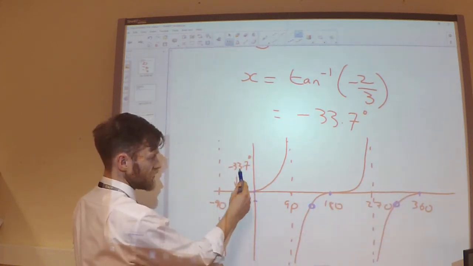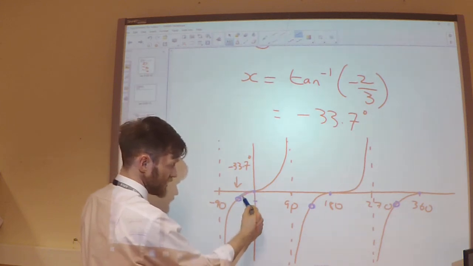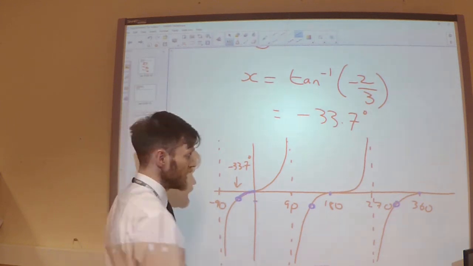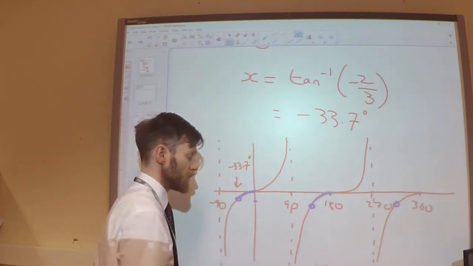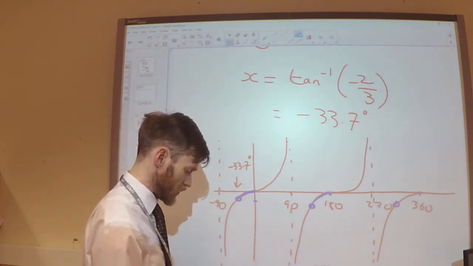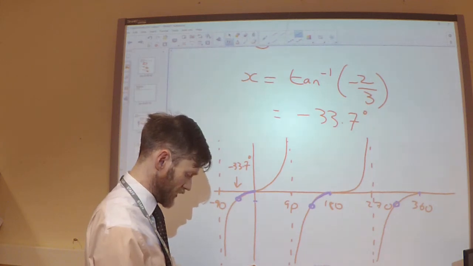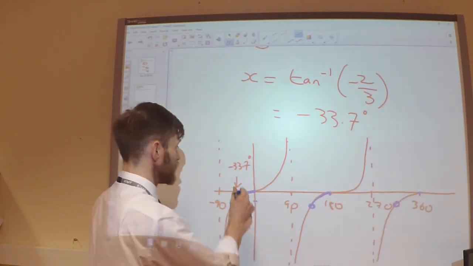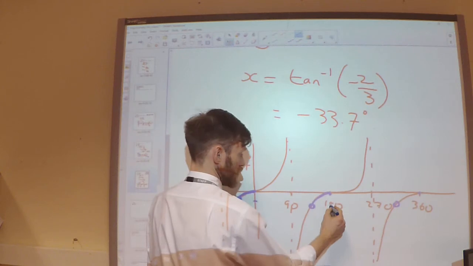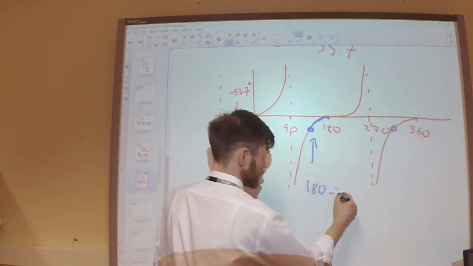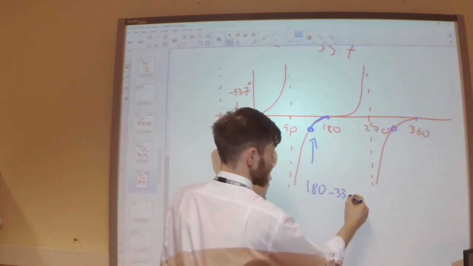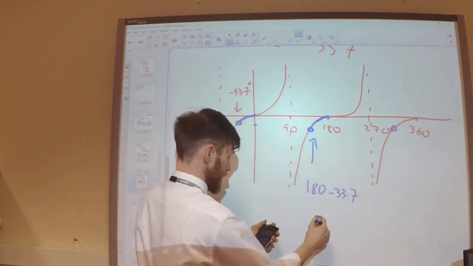So if it's 33.7 degrees away from 0 here, it's going to be 33.7 degrees away from 180. So I'm going to do 180 take away the 33.7 to work this out.